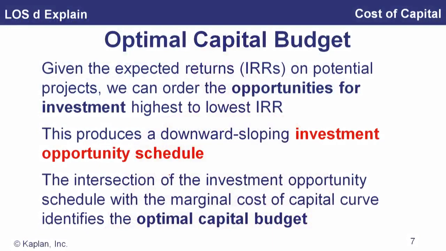Downward sloping as the total capital budget gets larger and larger. And the intersection of this investment opportunity schedule with our upward sloping marginal cost of capital curve, which is increasing as our capital budget increases, that intersection, we get a point we can identify as the optimal capital budget. That capital budget that will maximize the value of the firm.